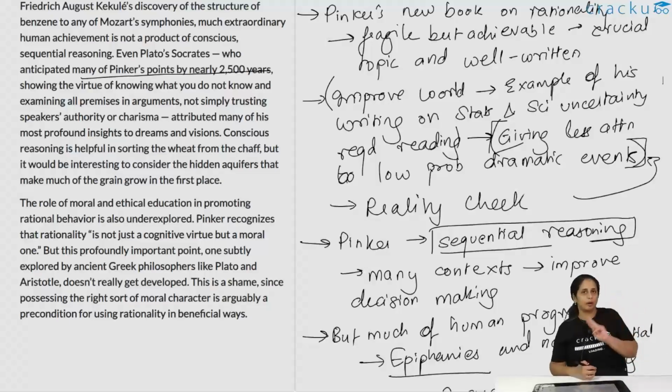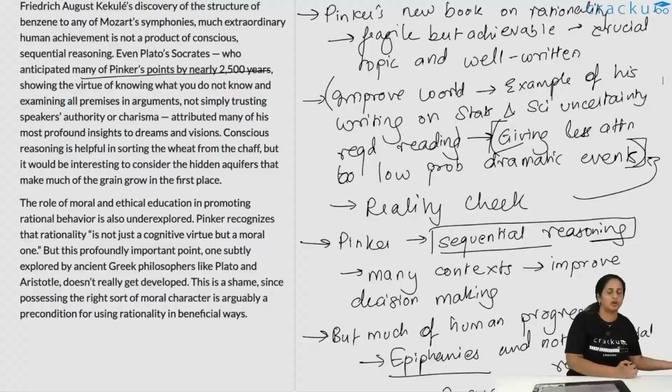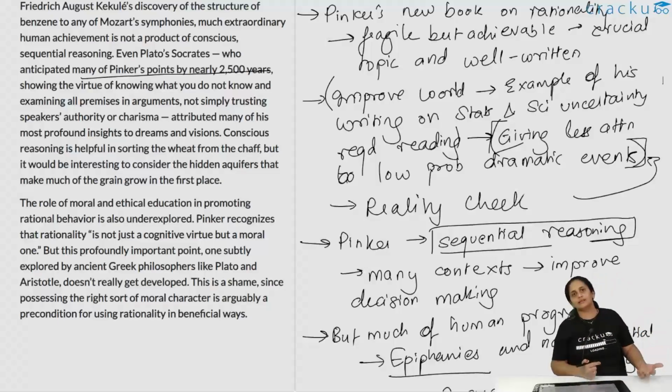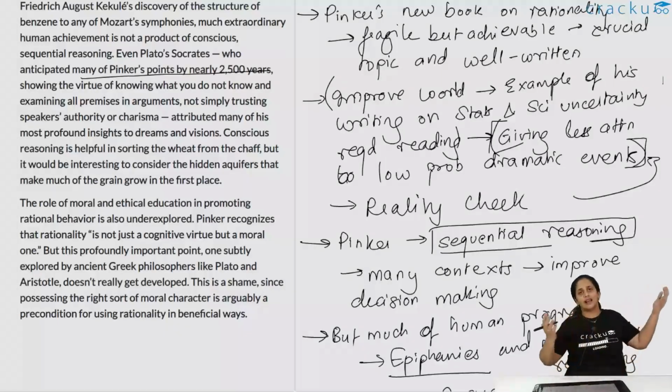And the second big problem is that Pinker does not consider the ethical and moral precondition that one must have before pursuing rationality, because rationality without morals or ethics, to the author, is not rationality at all. The author says that Pinker acknowledges the importance of morality and ethical education, but he does not really explore it at all. So it is underexplored in the book. So these are the two main criticisms leveled against Pinker's book. This is an analysis of Pinker's book, both pros as well as cons.